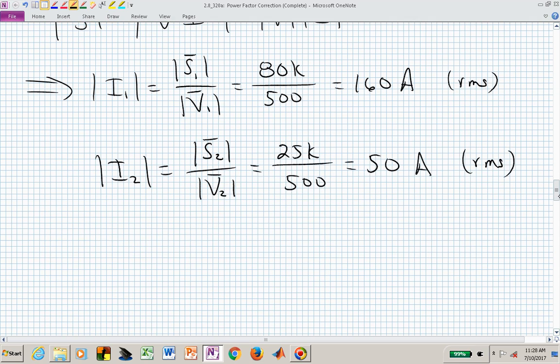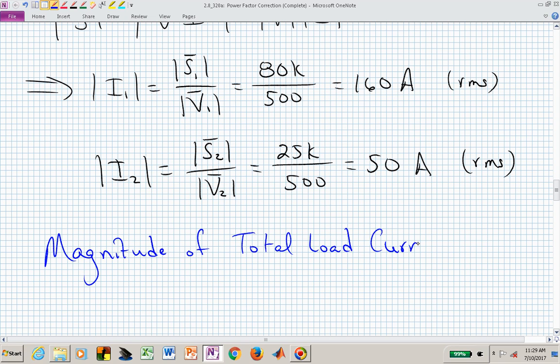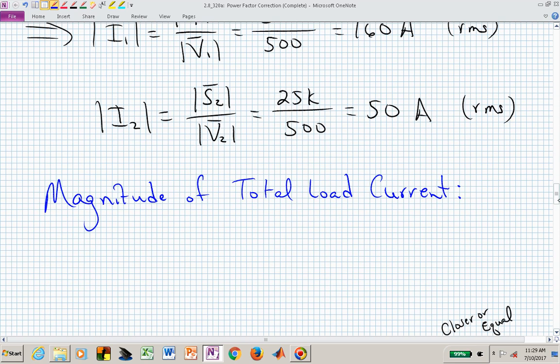And we can actually now find the magnitude of the total load current, because of the information that we now possess.